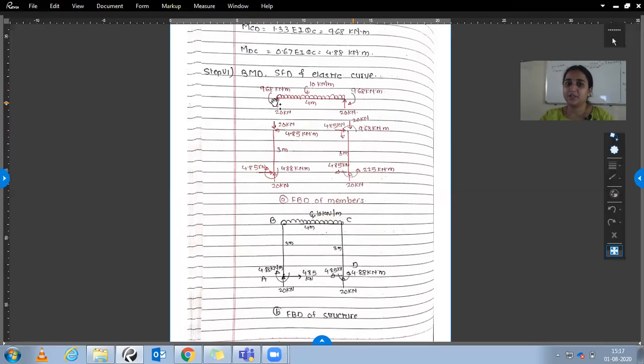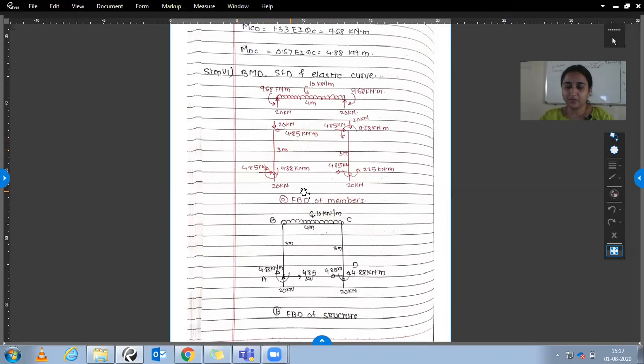We'll consider summation of moments at point A is 0, or at point B is 0. Then we'll add up all the unknown values. We'll take the moment of all the forces about that particular joint B, and we'll get the value of RC.